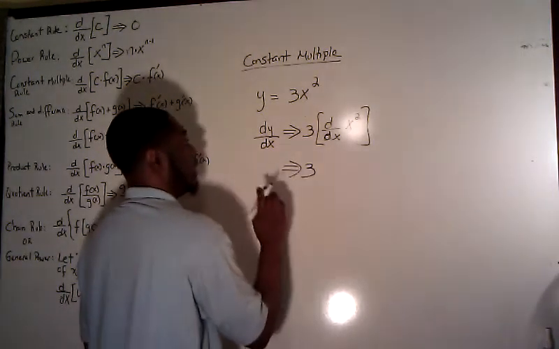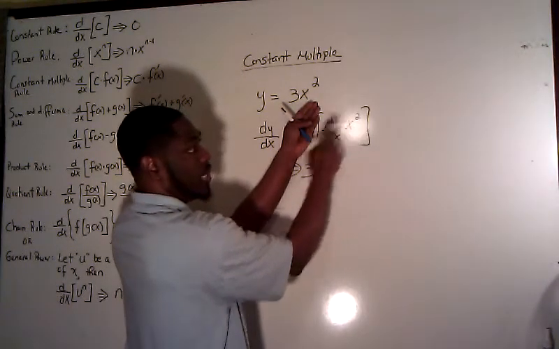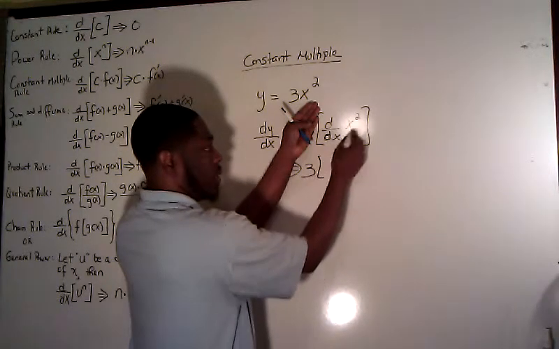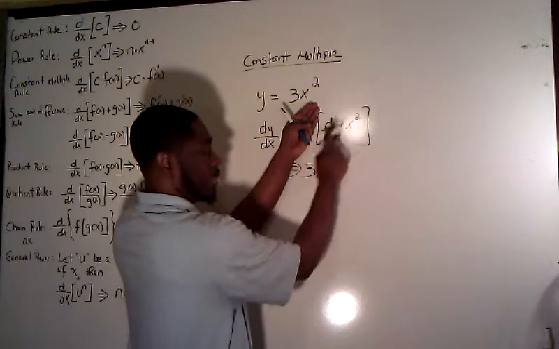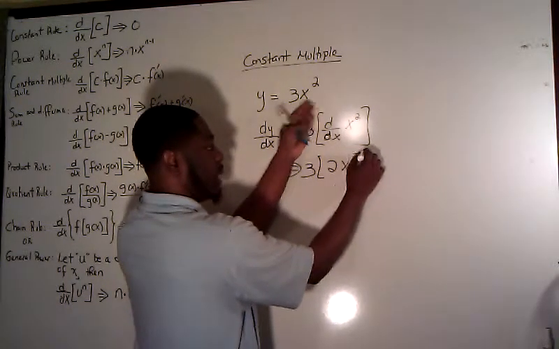So this would be 3, and then the derivative of this part is just the power rule, 2 times 1, which is 2. So this would be 3 times 2. I'm bringing this power to the coefficient, and then I'm subtracting 1 from the power. So this is 2 minus 1.